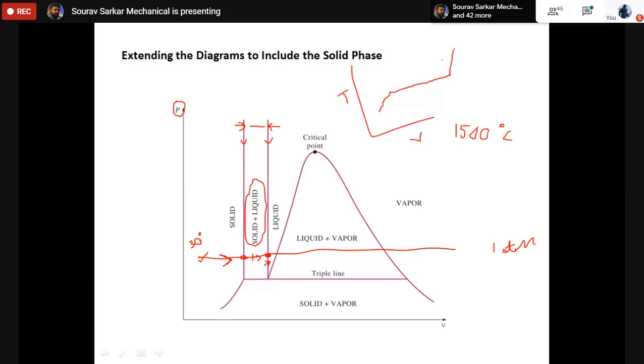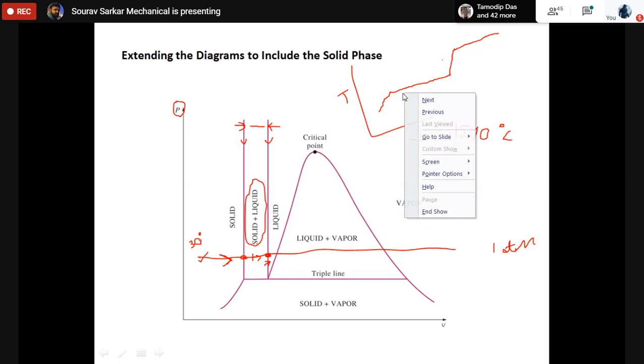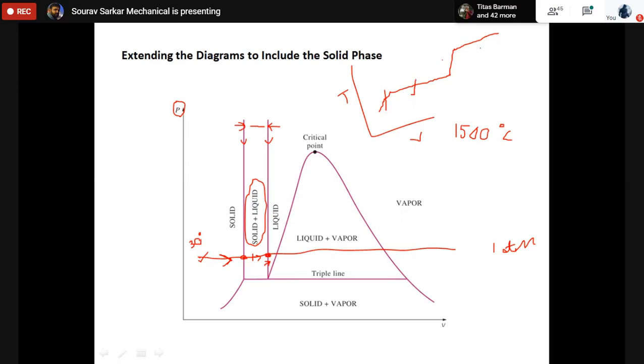After that it will reach the boiling point, then it will go again like this. So this part is the sensible solid heating, this part is the melting, and this part is liquid.